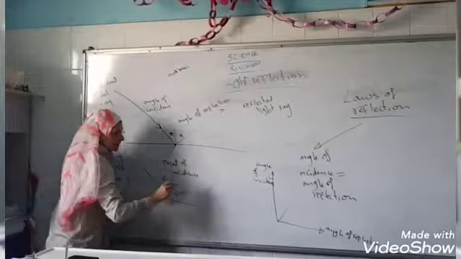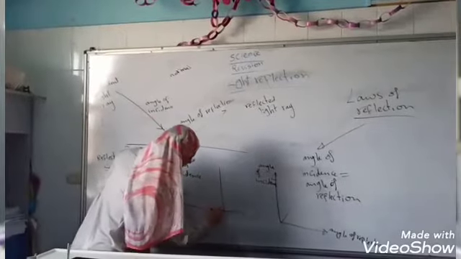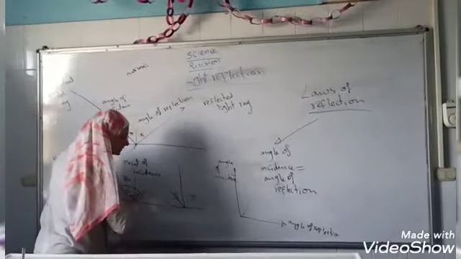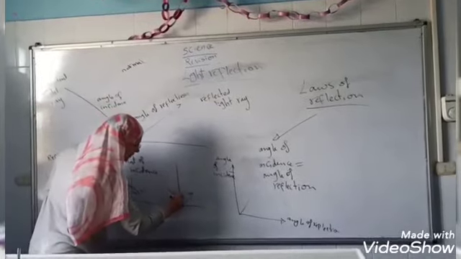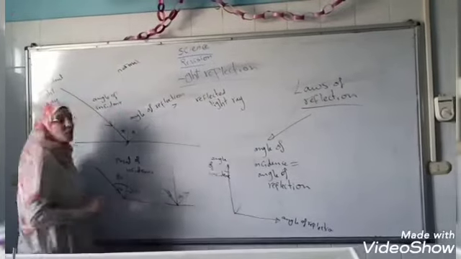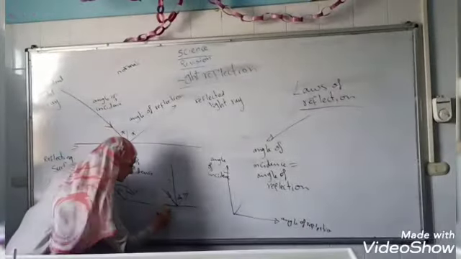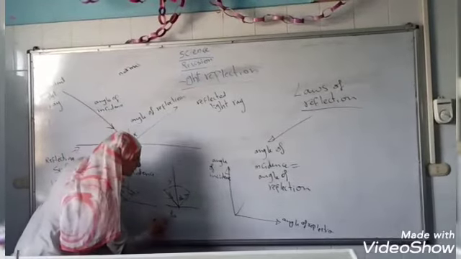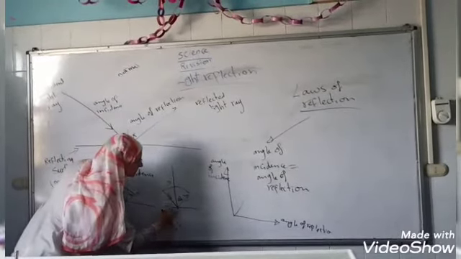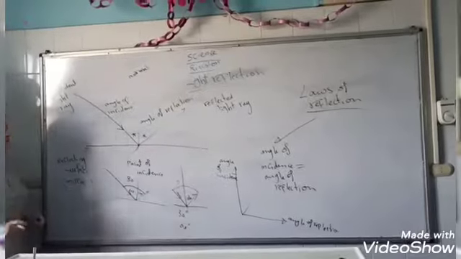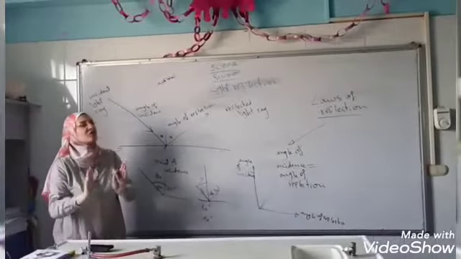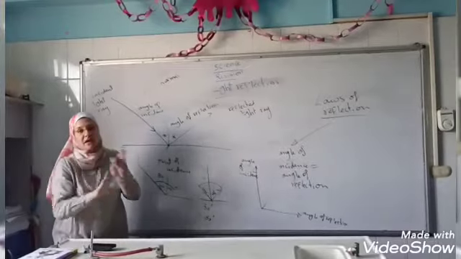Another question: the angle of incidence equals 30, so the angle of reflection equals 30, and the summation of them equals 60 degrees. This is the first law: the angle of incidence must be equal to the angle of reflection at any reflection of light.